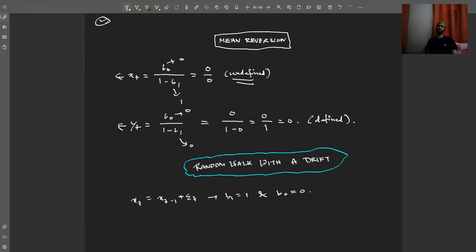Now if there has to be a drift, what has to change here? The thing that changes is the b0. The b0 becomes not equal to 0. So this equation transforms to xt is equal to b0 plus xt minus 1 plus the error. This is a random walk with a drift.